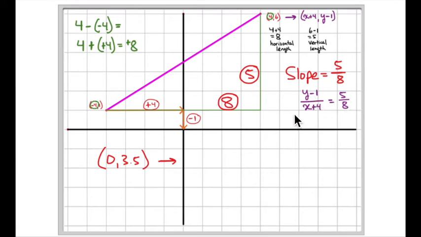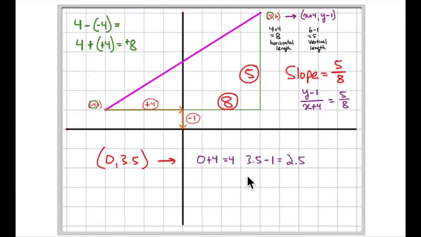So now we can replace the y value with 3.5, the x value with 0, and see if we get the same ratio or the same slope, 5/8. So the y value is 3.5 minus this 1.